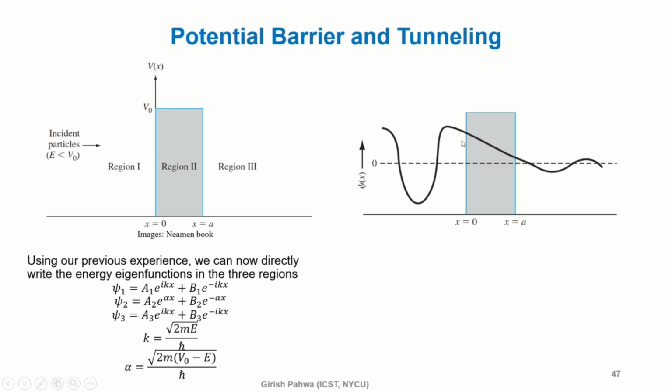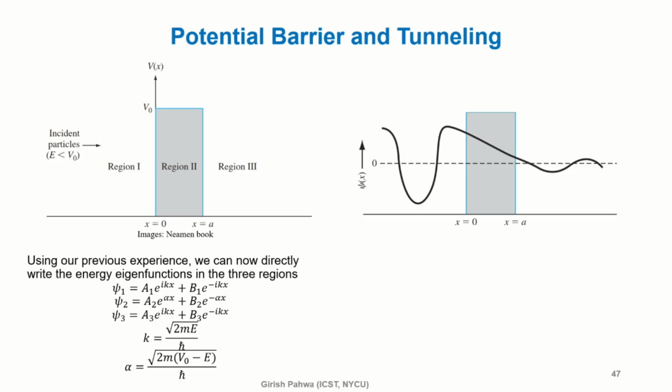How much the particle has leaked into this region depends upon the height of this barrier plus the width of this barrier. If the barrier height remains the same and I increase the barrier width, again it will become difficult for the particle to tunnel here. If the width a becomes large, this amplitude will decrease, because the particle will have to spend more time here, and it will keep decaying, and the amplitude will become even smaller.